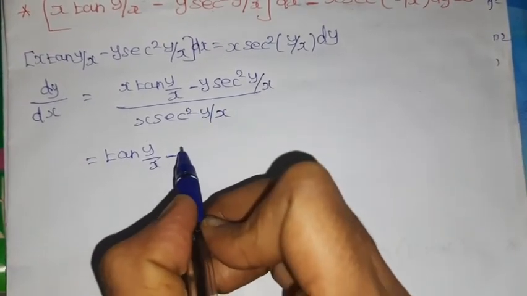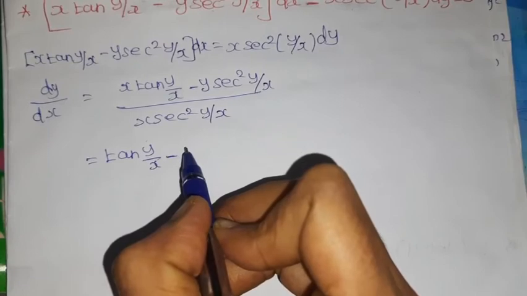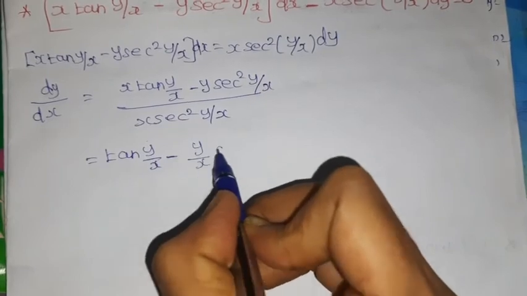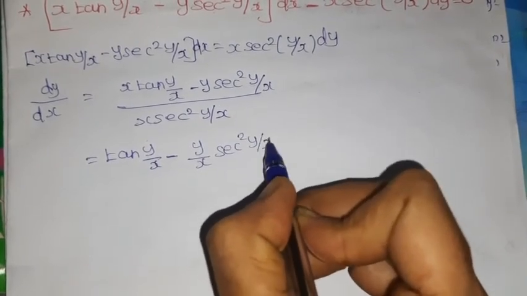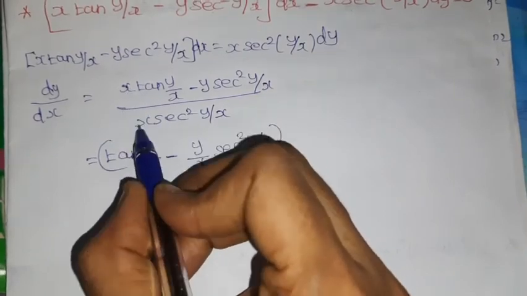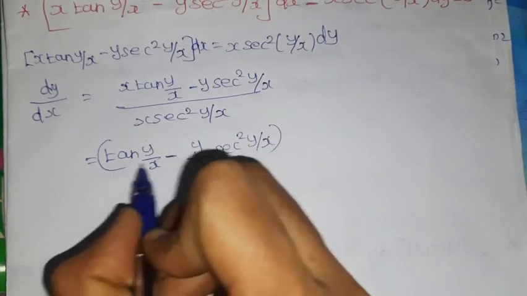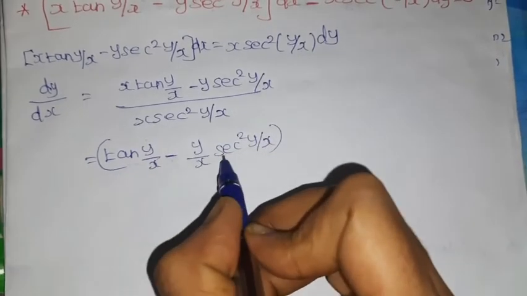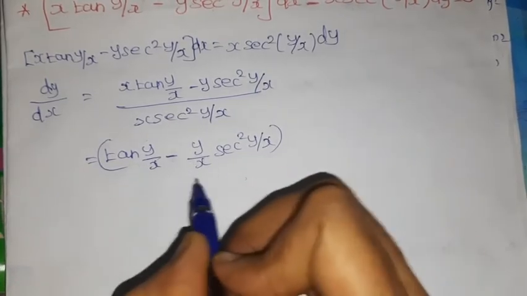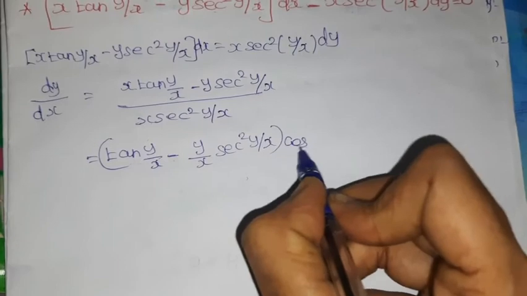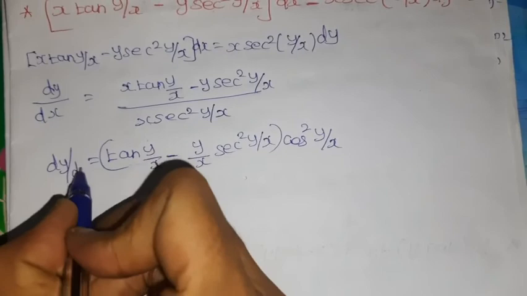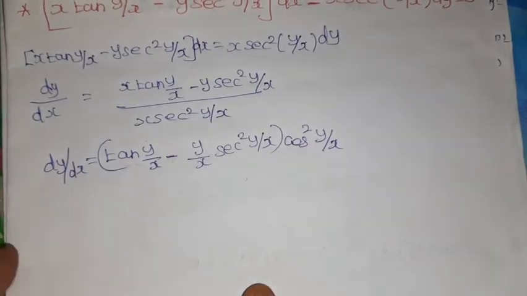So by dividing by x only, x by x can get cancelled: tan y by x minus y by x sec squared y by x divided by sec squared y by x. So in the denominator 1 by sec squared is nothing but cos squared y by x. So this is the dy by dx term.